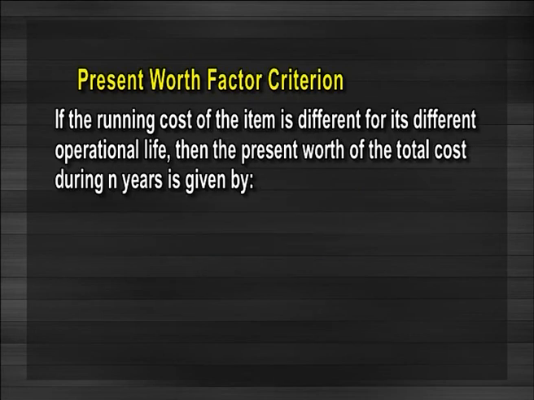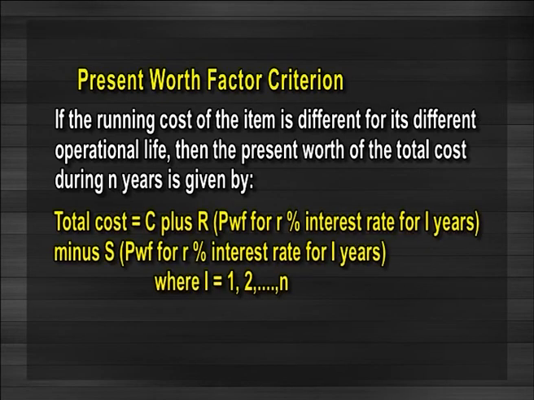If the running cost of the item is different for its different operational life, then the present worth of the total cost during n years is given by total cost equals C plus R into PWF for R percentage interest rate for I years minus S into PWF for R percentage interest rate for I years, where I equals 1, 2 up to n.